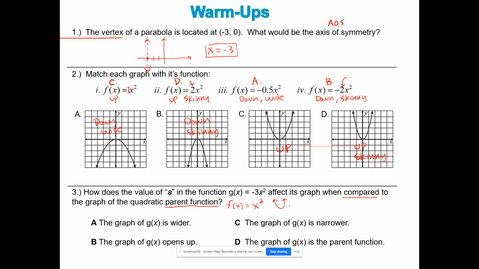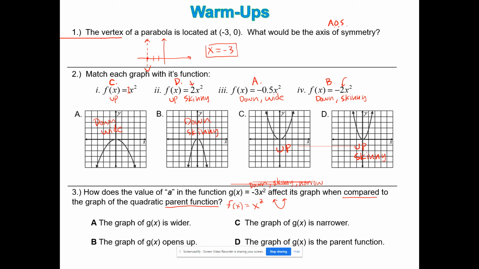It's not skinny, it's not wide, and it opens up. This one here, since it's a negative, should open down. And since this 3 is bigger than 1, we know that it's going to be skinny. Or I think they write narrow.